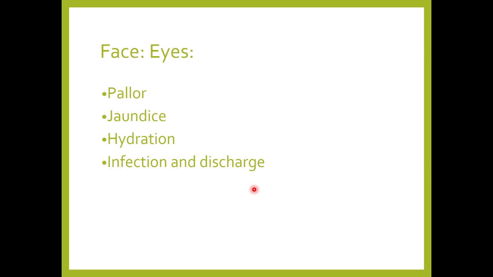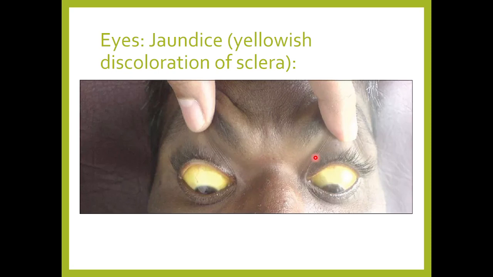First of all, the eyes. We examine for pallor, jaundice, hydration, infection, discharge, if there is any conjunctivitis, redness, and so on. Okay. For jaundice, we raise the upper eyelids and ask the patient to look downward in natural light. And here we see that there is yellowish discoloration of the sclera.